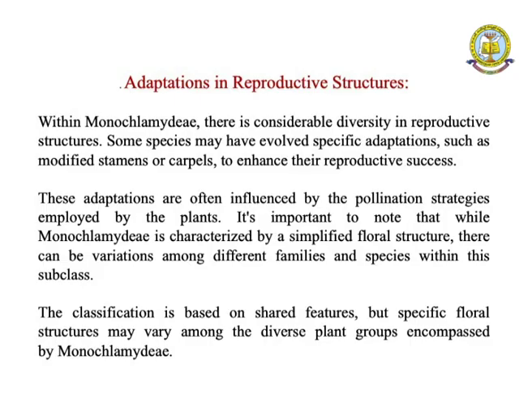It is important to note that while the Monochlamydeae is characterized by simplified floral structures, there can be variation among different families and species within the subclass. This classification is based on shared features, but specific floral structures may vary among the diverse plant groups encompassed in the Monochlamydeae.